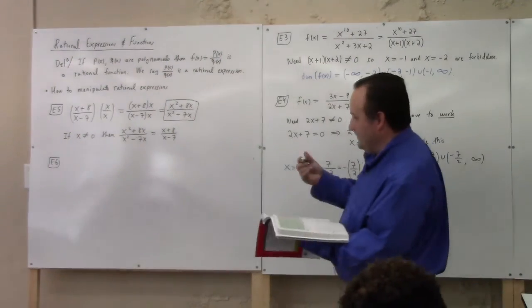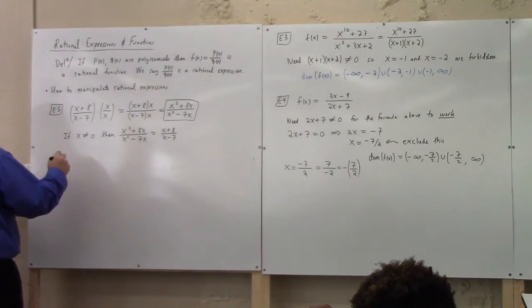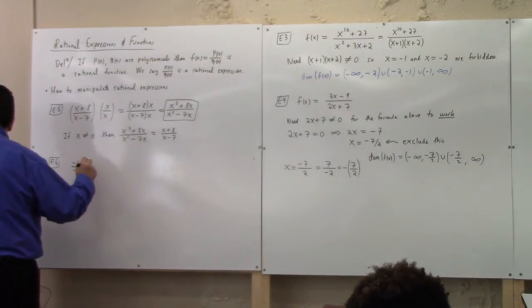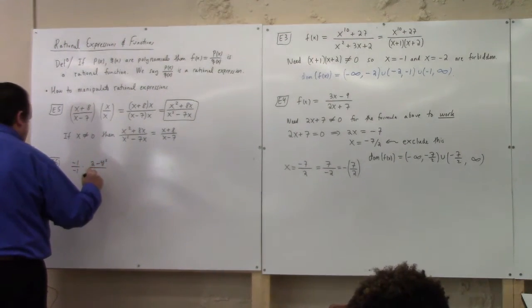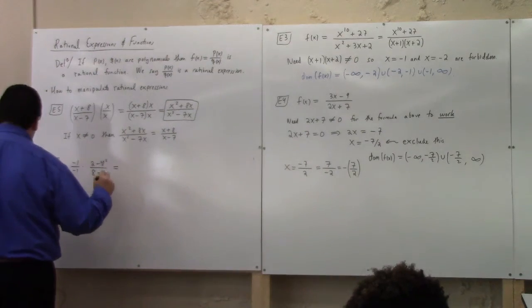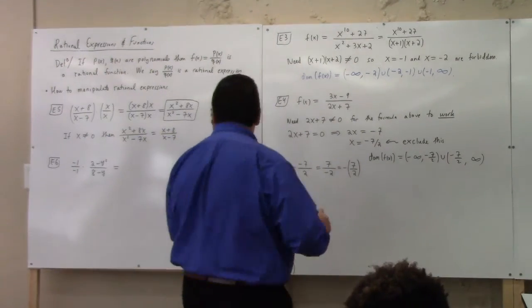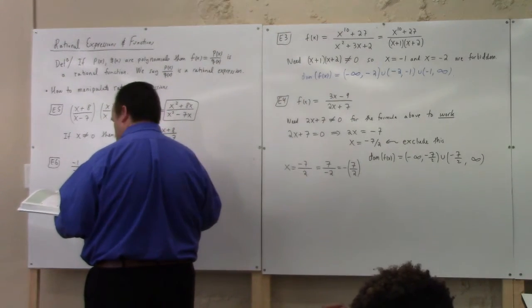So the instructions here are to not simplify. This one's actually good. We have minus 1 over minus 1 times 2 minus y squared over 8 minus y. And then let me write the next example here before I put the book down.